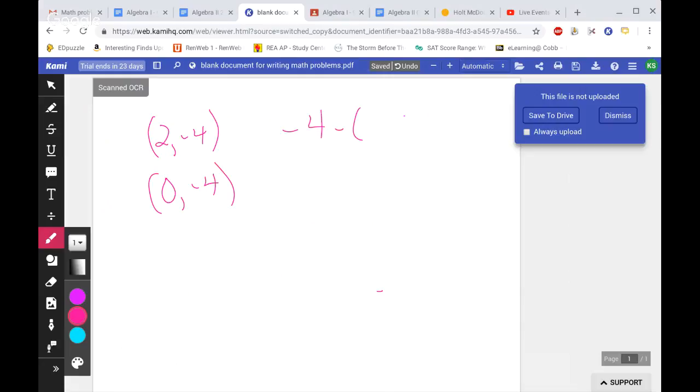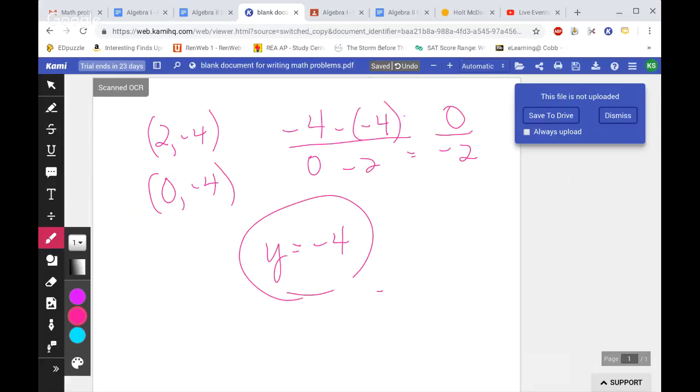So I would have -4 minus a -4 all over 0 minus 2. So that's going to be -4 plus 4 is going to be 0 over -2. So this is going to be a horizontal line of y equals -4.